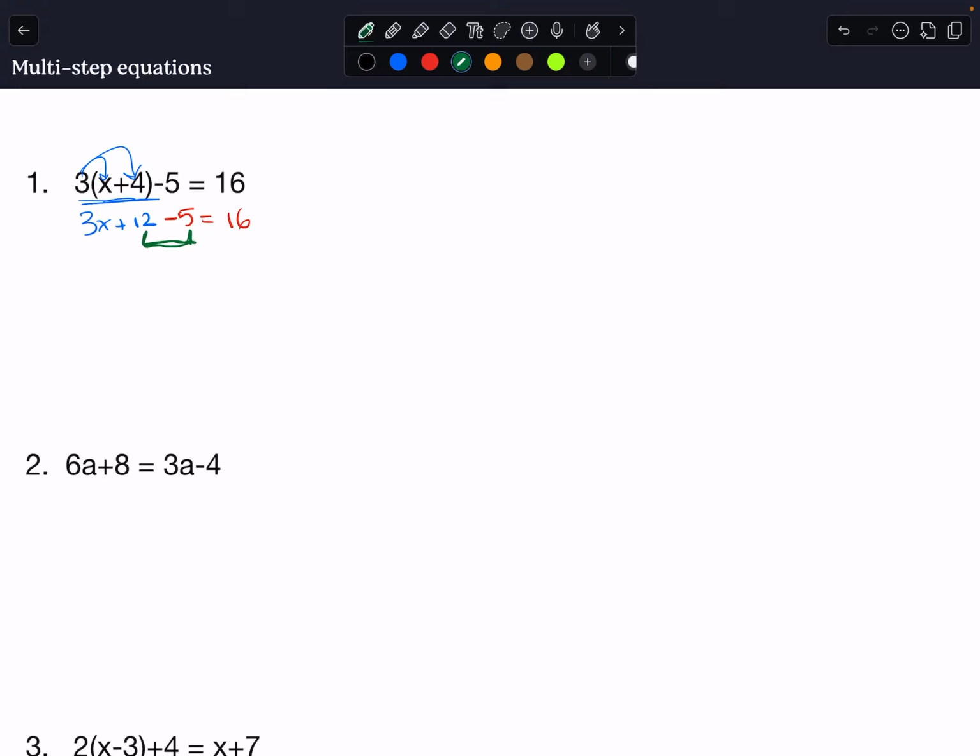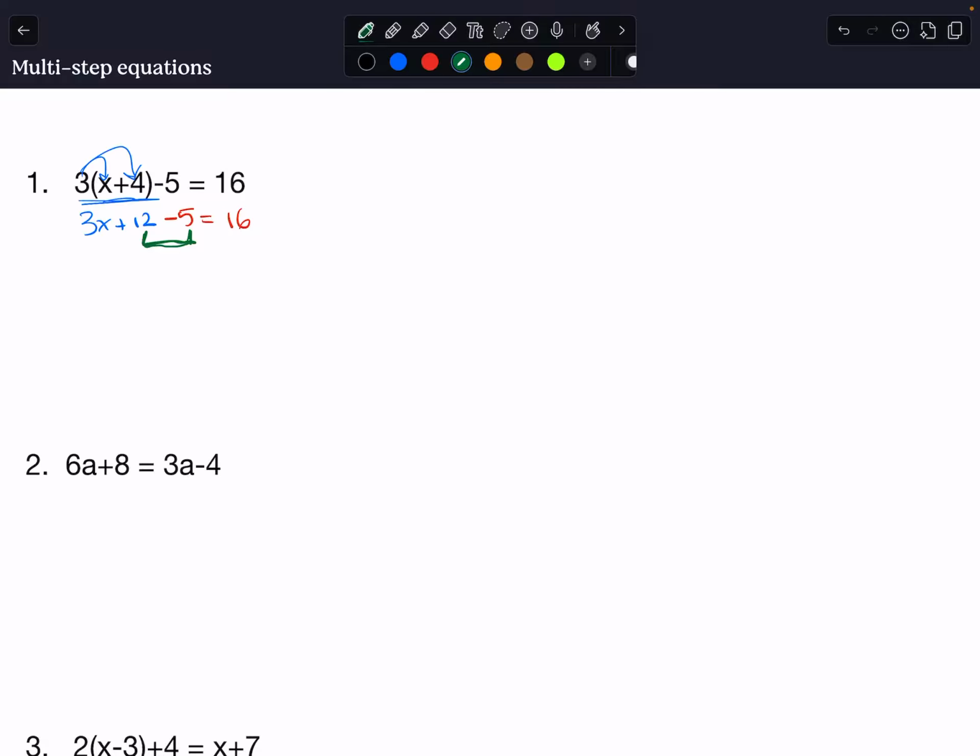These are like terms because these are just numbers. I will take these and I would then add. Here the 12 is a plus, and it's being added with a negative 5. And we did say when we have two signs that are opposite, they subtract.